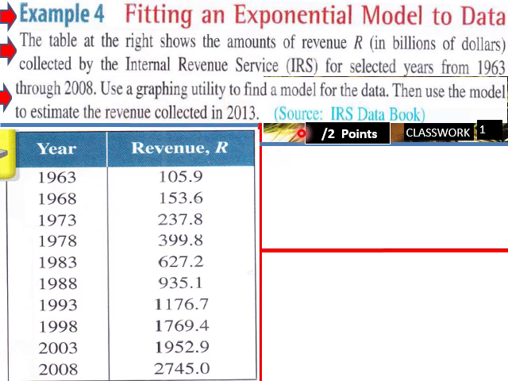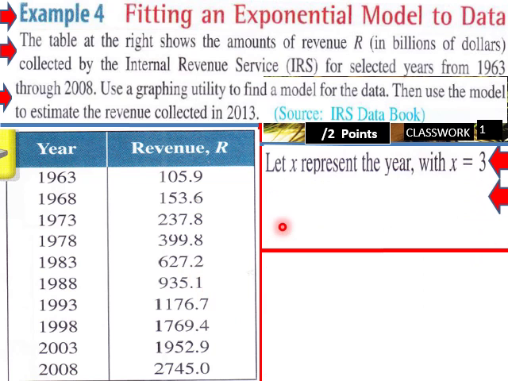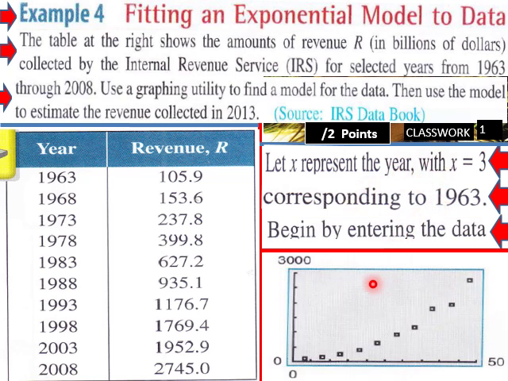Use a graphing calculator to find a model for the data. Then use the model to estimate the revenue collected in 2013. So we're going to project out to 2013 using this data as a regression. So let x represent the year with x equals 3 corresponding to 1963.